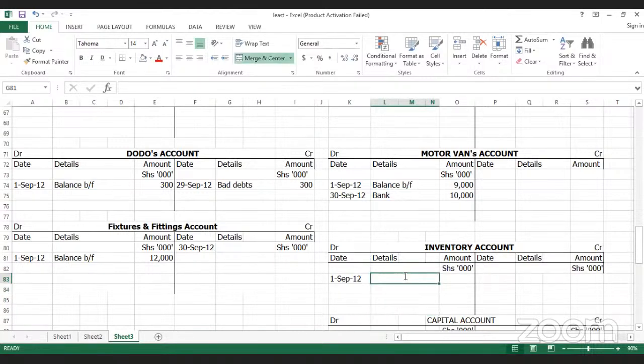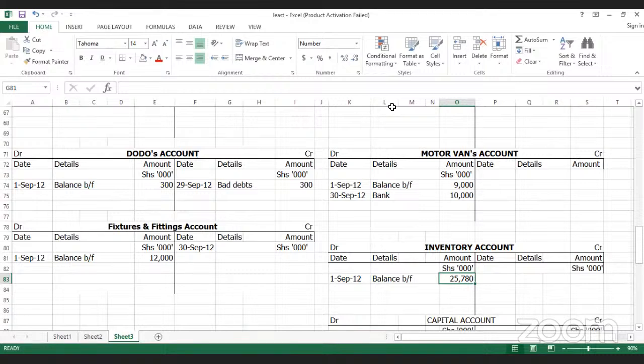So balance brought forward. How much is the balance brought forward for inventory, Emmanuel? It's 25,780. That is the balance brought forward for inventory.